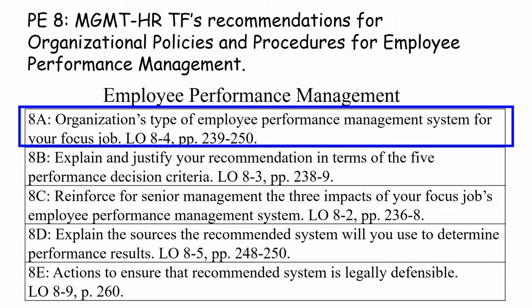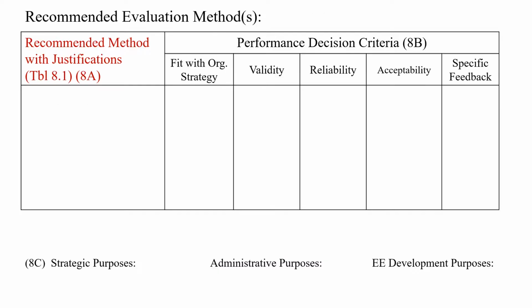Let's begin practical exercise number 8 with subtask A. What is the organization's type of employee performance management system for your focus job? We're now deciding how to fill out the left column of our template slide. What are the recommended method or methods?